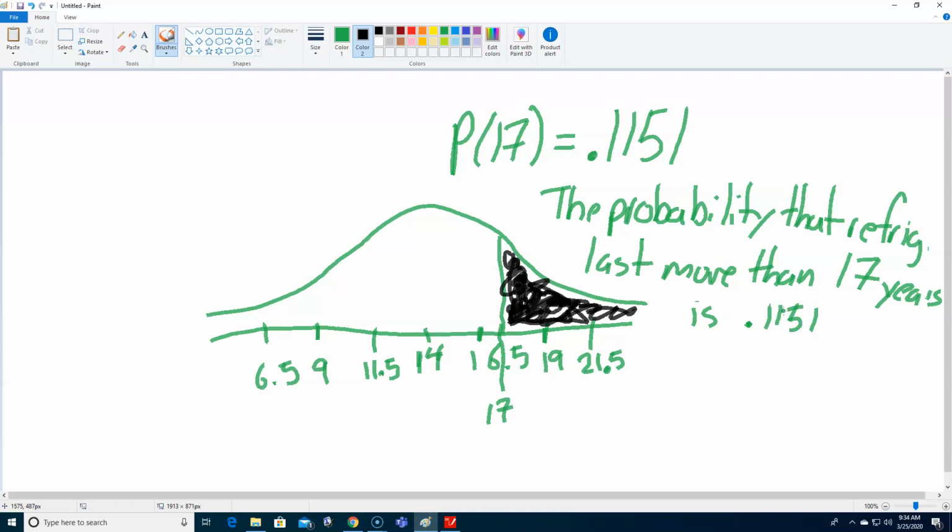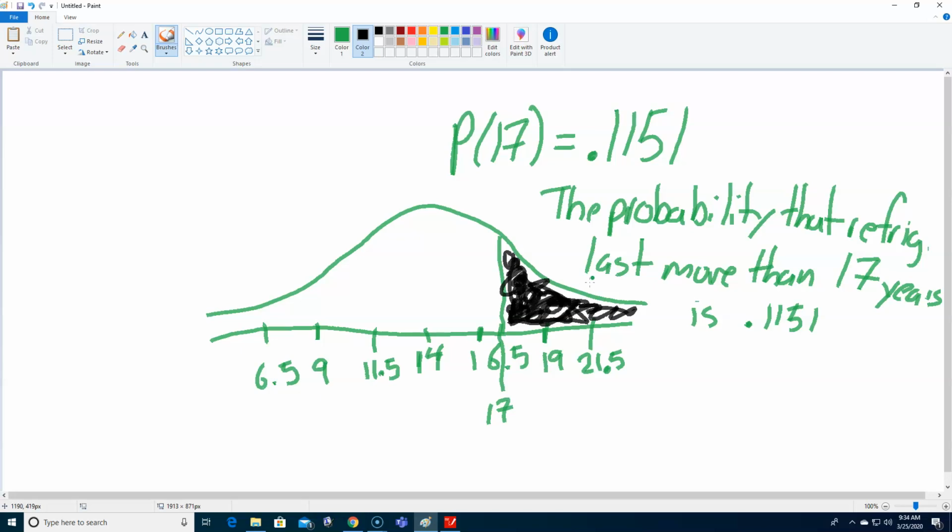There's an interpretation, right? It gives you the idea. The probability that the refrigerator lasts more than 17 years is 0.1151. Another way of saying that would be 11.5%. So that's one interpretation. Another interpretation would be the idea of the complement.